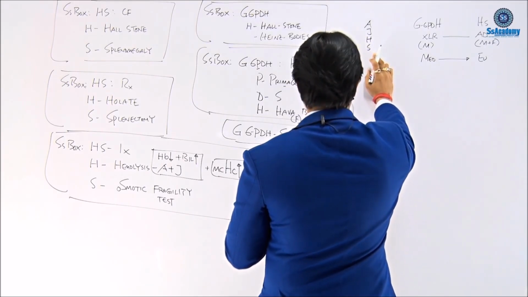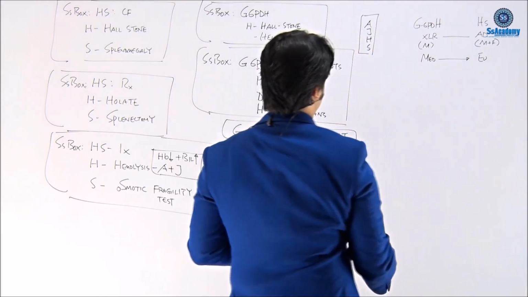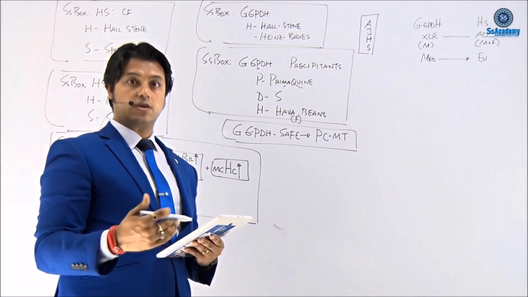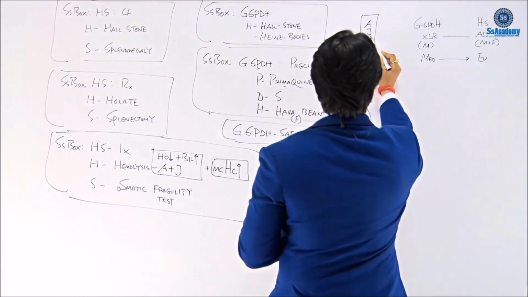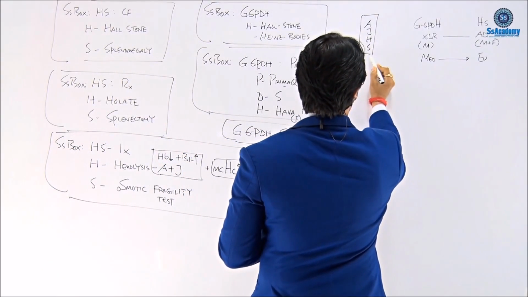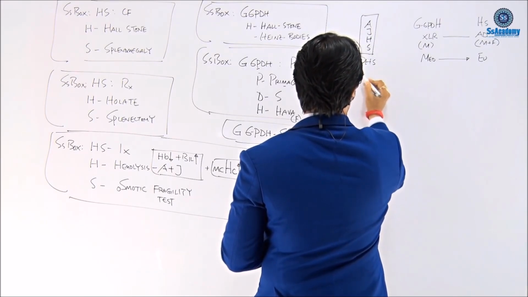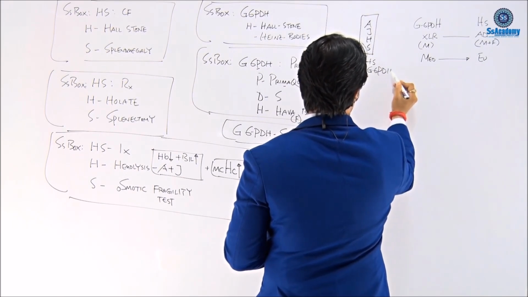So basically, if the patient comes up with this syndrome, anemia, jaundice means the hemolysis. Next point is the gallstone and splenomegaly. We should think about HS. So definitely HS is the first diagnosis, and second diagnosis is G6PD.